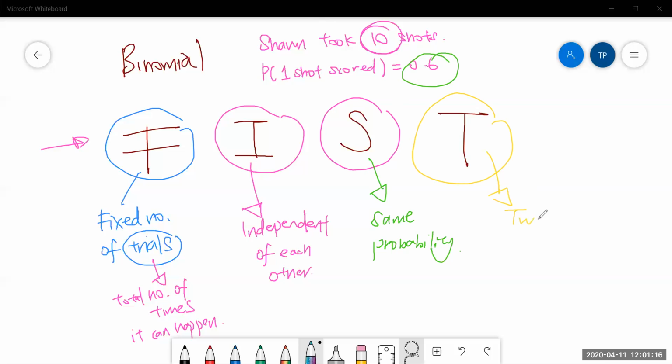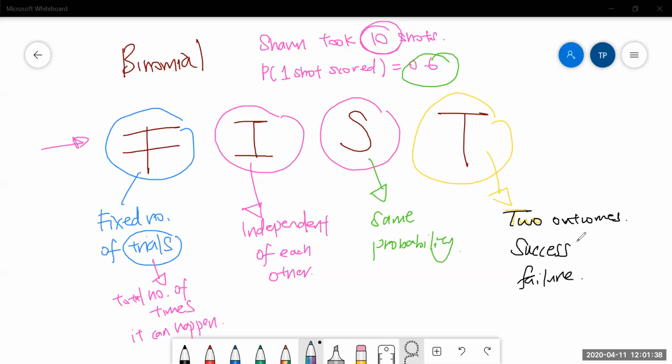Lastly, it will be 2 outcomes. So what are the 2 outcomes? It can either be a success or a failure.